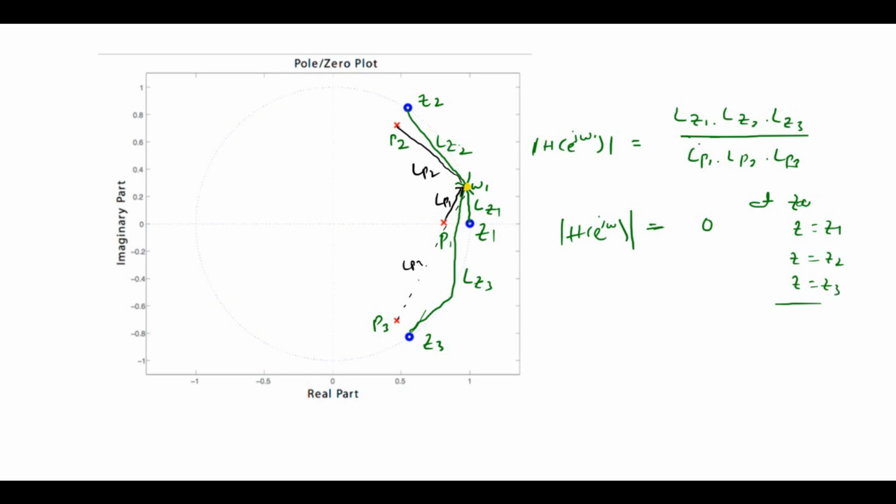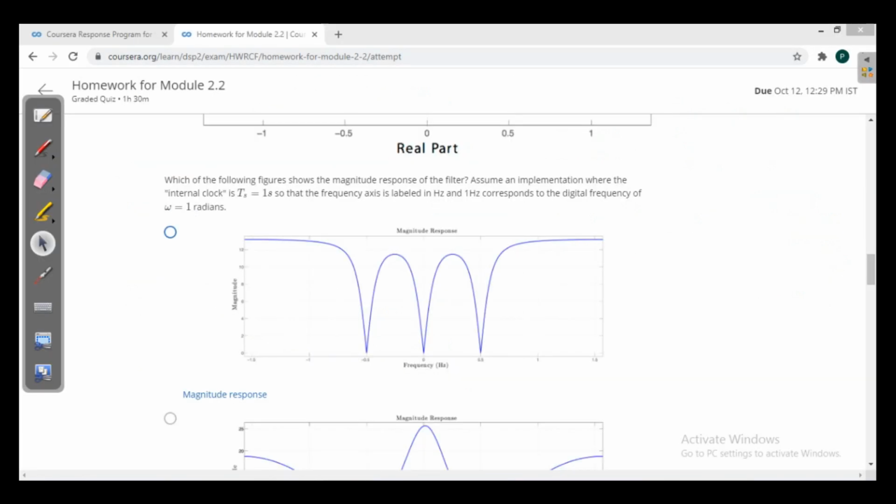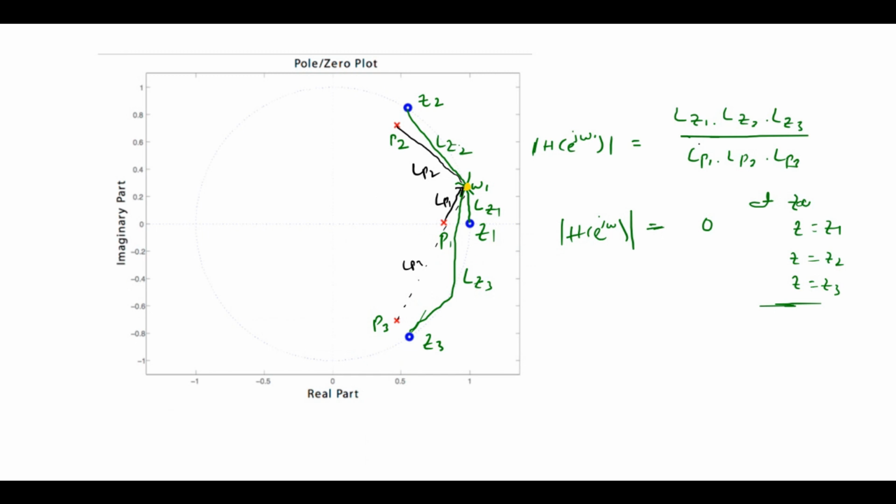In these 3 cases, definitely the magnitude response is 0. Now observe the figure. With this concept, I am trying to identify which is the magnitude response of the given pole zero plot. So your magnitude response must be 0 at the 3 places. One is at 0, and the second, one is a positive frequency, second is a negative frequency. 0 to pi in this direction, and this is 0 to minus pi.